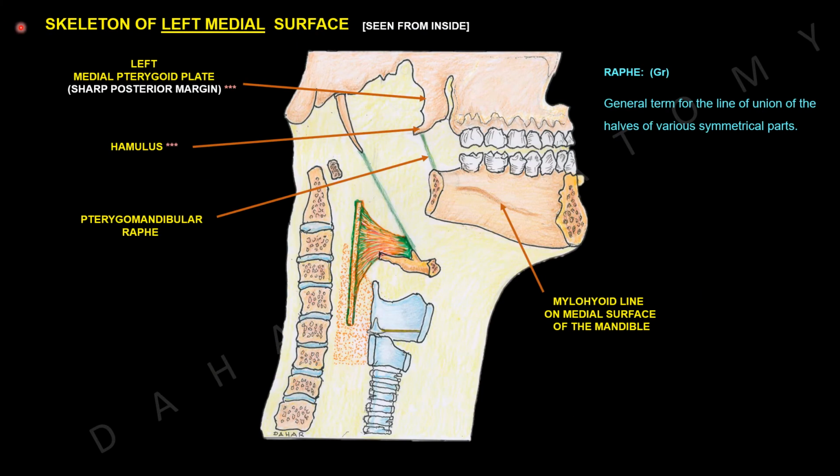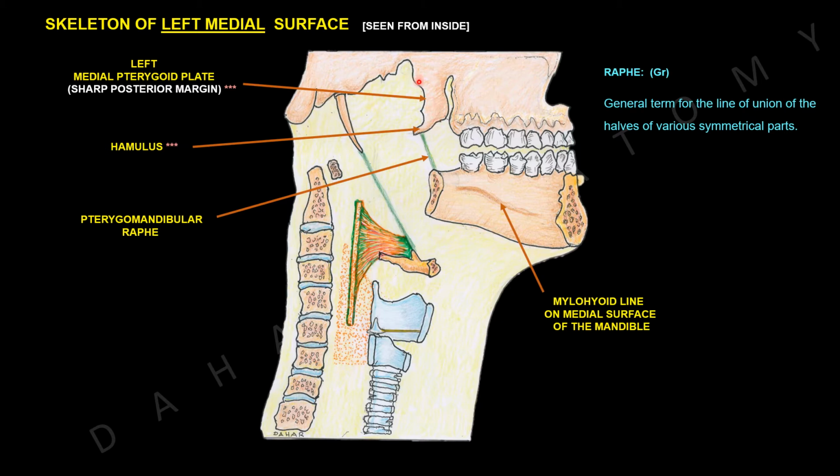Skeleton of the left medial surface of the head. I'm explaining the diagram here. We are looking at the left half of the skeleton of the skull, but from inside. So this is the medial surface of the left half of the skeleton of the head. This is the left medial pterygoid plate.